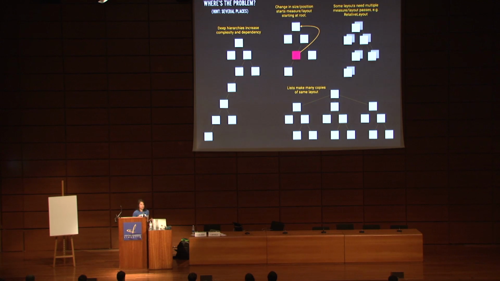And basically, what's a list but a layout that takes a view and copies it several times over? So again, lists are a valuable part of interface design and part of what we do as app developers, but they can cause problems depending on all those little individual list items. So there are a lot of places that you can find performance problems in layouts.